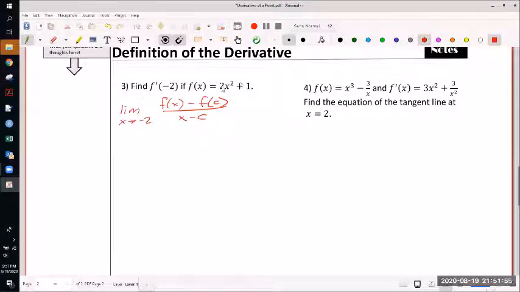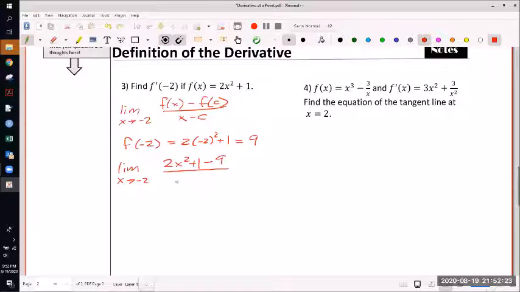So f of x is given right here. f of c would just be f of negative 2, which would be 2 times negative 2 squared plus 1. That would give us a 4. 4 times 2 is 8. 8 plus 1 is 9. So now I would take the limit as x approaches negative 2 of f of x, which is 2x squared plus 1, minus f of c, which is minus 9, over x minus c, which is x minus a negative 2.